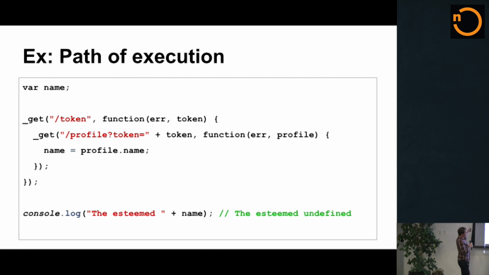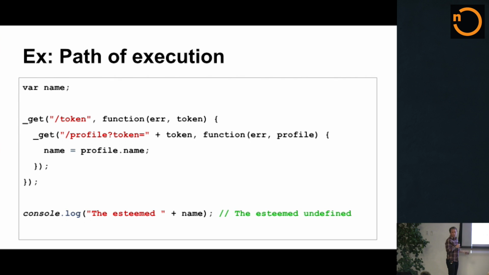They do things like this. We've all done this the first time that we started writing JavaScript. We're issuing an HTTP request to /token. We're using the result of that to issue an HTTP request to /profile using that token. So we're doing two asynchronous things in series. And then when we finally get that last result, what we would like to do is output the profile name to the console.